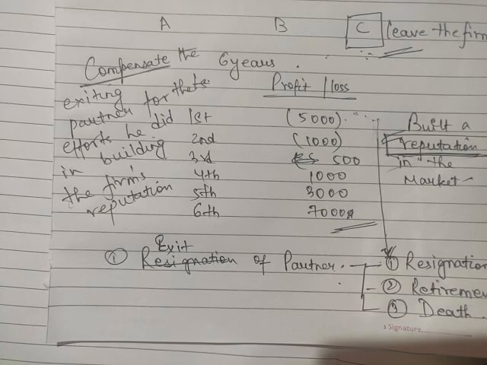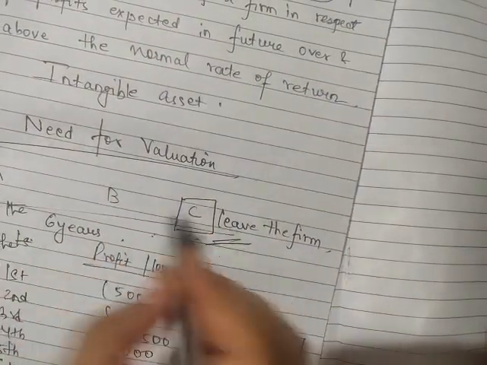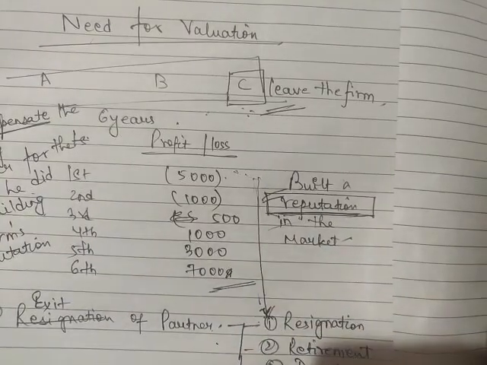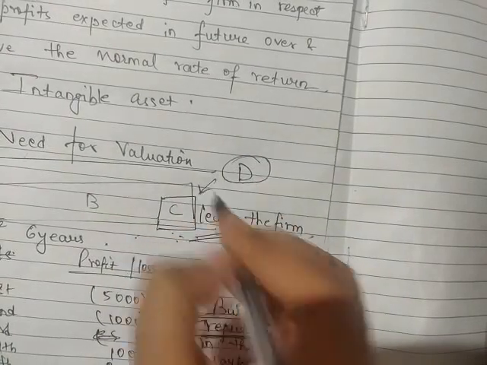Next, suppose in the current example only, there were three partners A, B, and C. Now, these three partners have built a reputation because of which the profit is increasing. Now, suppose a new partner D comes into the firm.